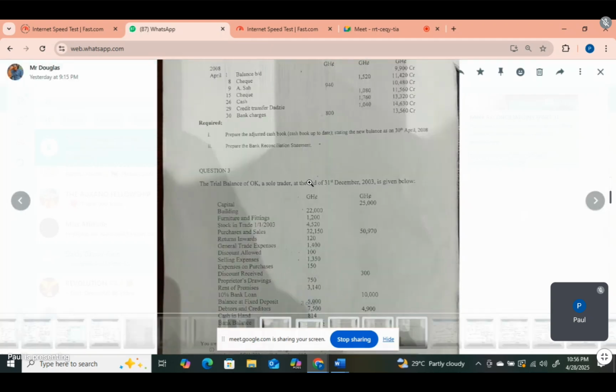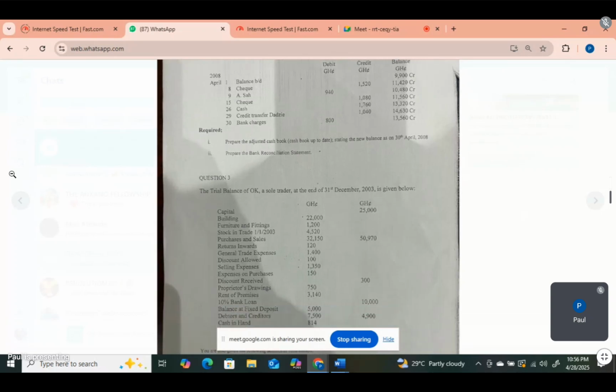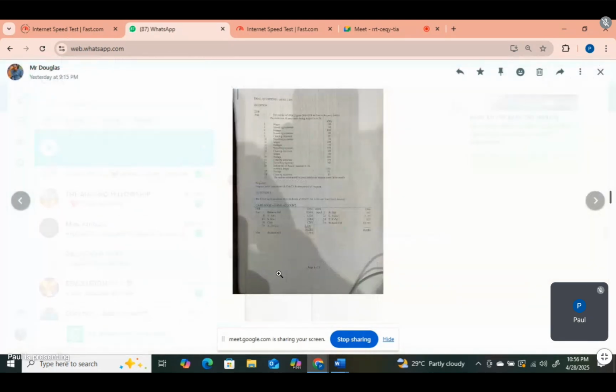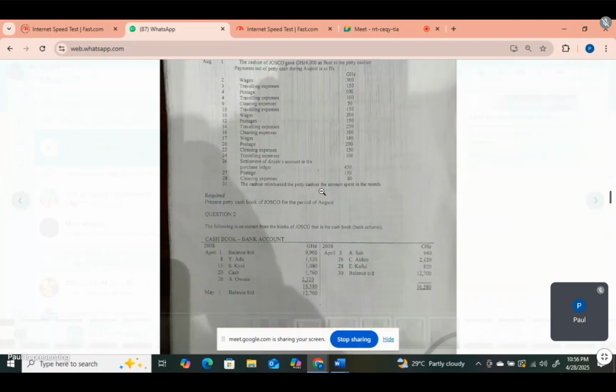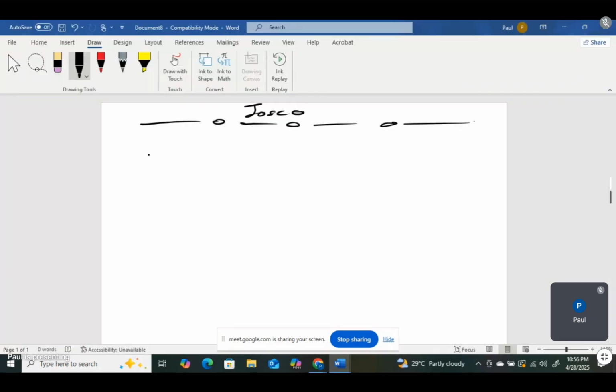Now, please go into the bank statement. Okay. So before you start, first of all prepare your adjusted cash book first.